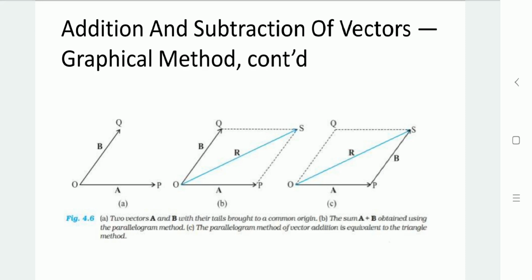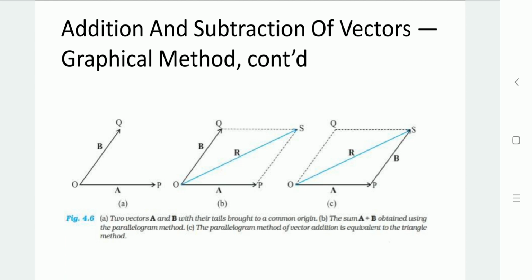As you can see in the diagram A, vector A and vector B both start from the reference point O. So here two vectors are represented, starting from the common point O. Now, as you can see in the diagram B, draw a parallel line of vector A from the point Q, from the head point of vector B. So QS represents a parallel line of vector A.